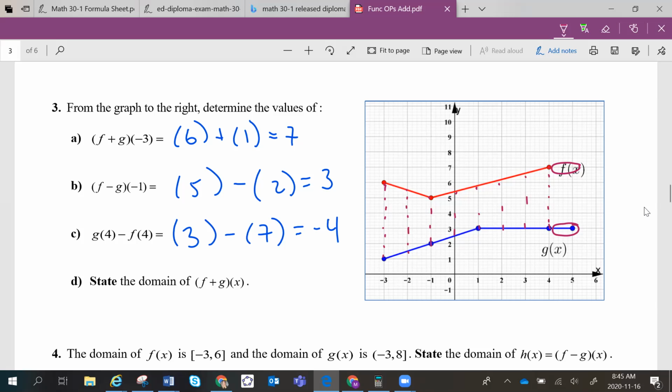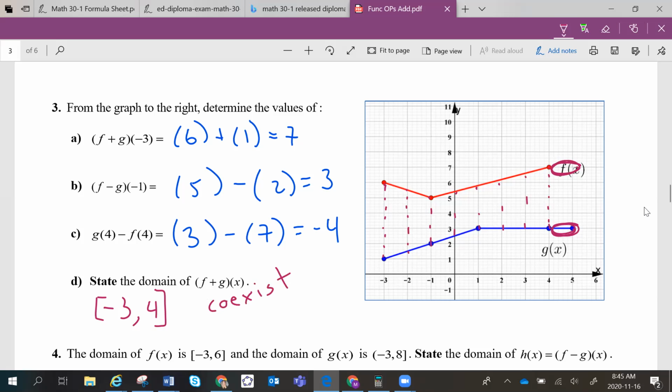So our domain, starting at the left, they both exist at negative 3, including negative 3, and they both stop existing when we combine them together at x is 4. Again, because there's nothing to the right of 4, there's no numbers larger in our domain for f at x of 4, so we can't add something that's not there. So our domain is where the domains coexist.